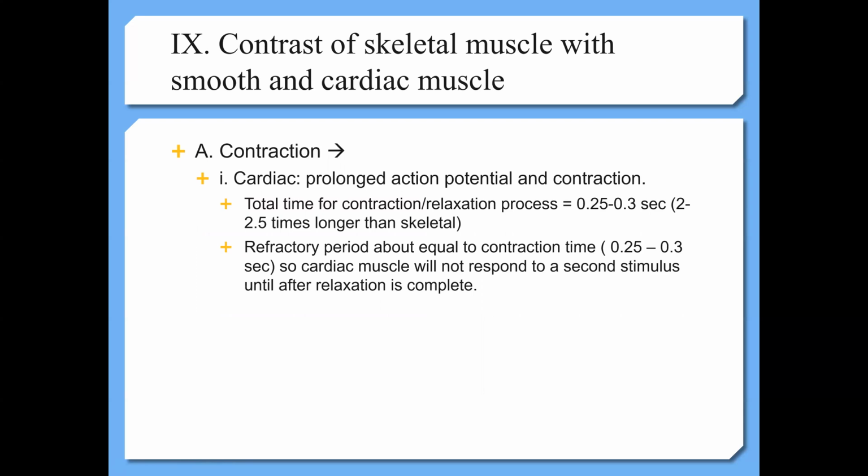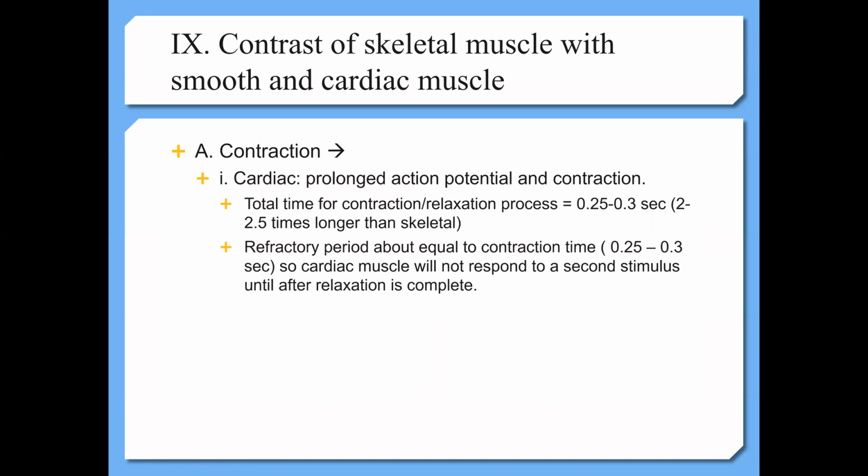What happens is the atria fill up, they contract. While they're contracting, the valves are already open, and blood flows into the ventricle. Now the atria are going to relax, the ventricles are going to contract, the valves are going to close, and the right ventricle is going to send blood to the lungs, and the left ventricle is going to send blood through the aorta throughout the body.